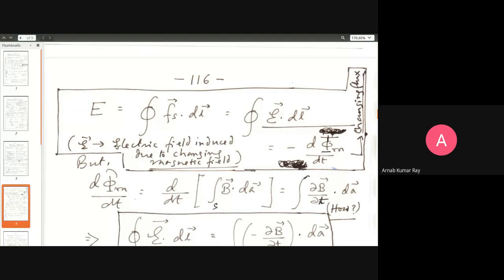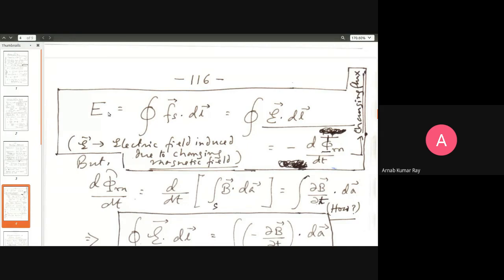We are looking at experiment 2 and experiment 3. In experiment 2 and experiment 3, the changing magnetic field has produced an electric field. And this electric field induced due to the changing magnetic field is producing the current. And this current going all the way around the loop will give you the electromotive force. Well, you should really be calling it the electromotive work, but historically it is known as electromotive force, EMF.